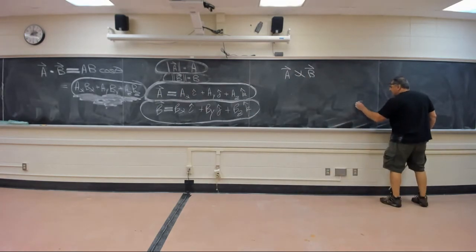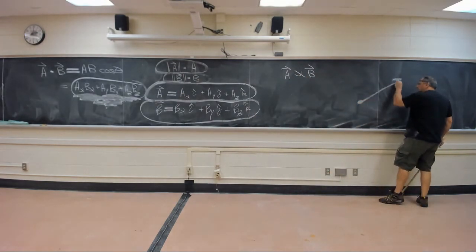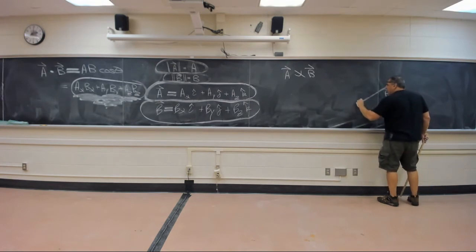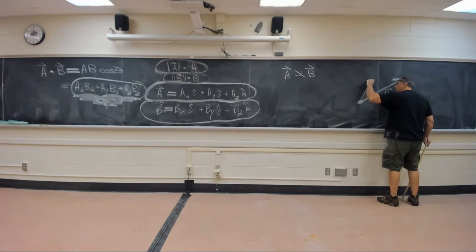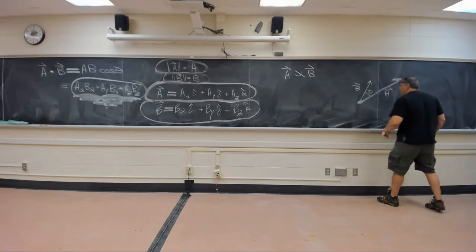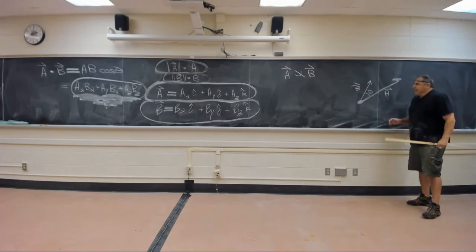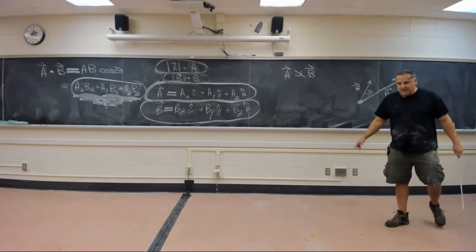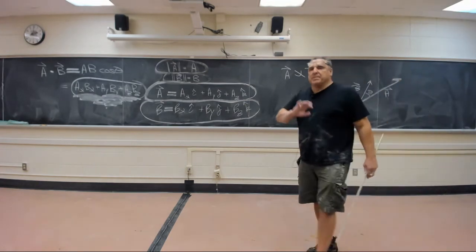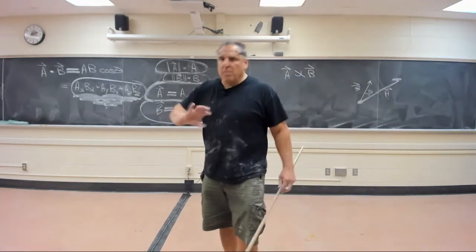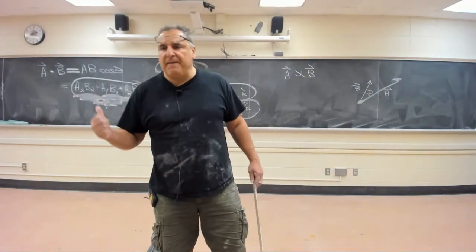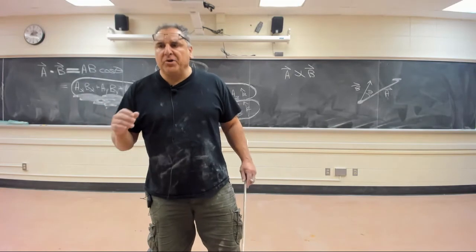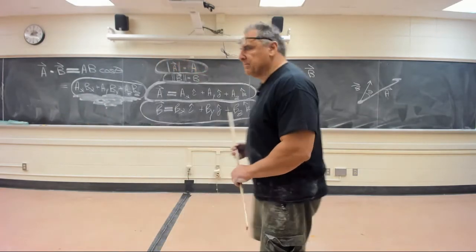Let's say A vector looks like this, and you had B vector looking like that, and this is the angle theta between them. This is kind of crazy stuff. Let's go into three-dimensional space. Let's say somewhere in three-dimensional space, there's A vector, there's B vector, and I want to do A vector cross B vector.